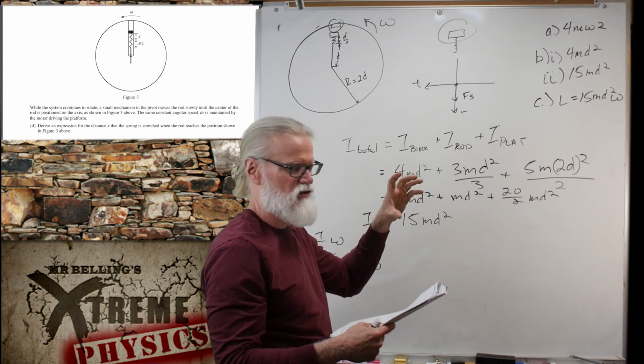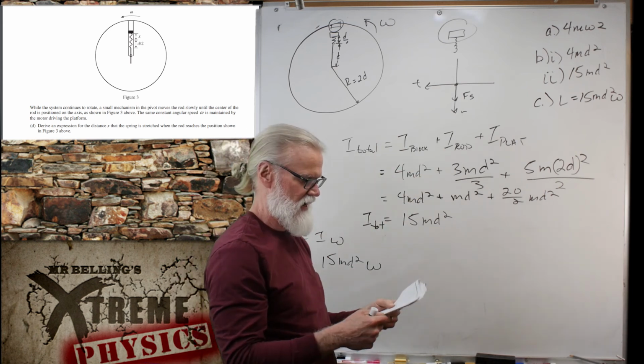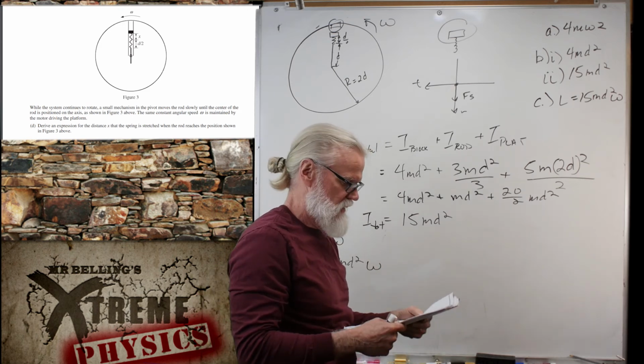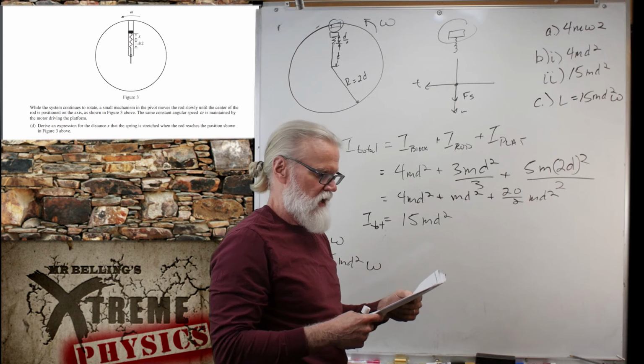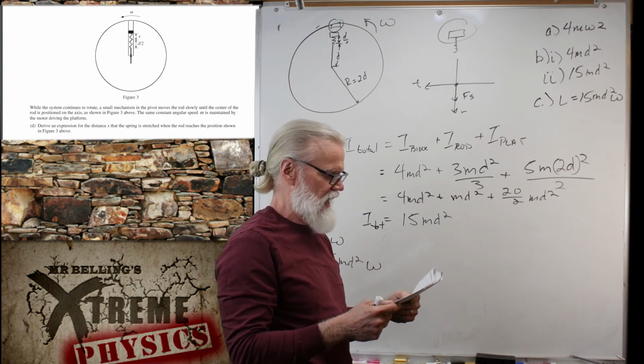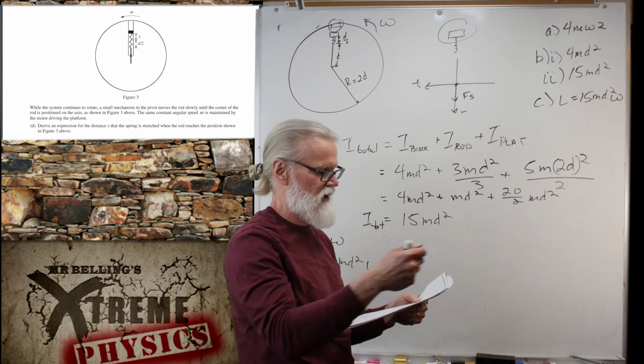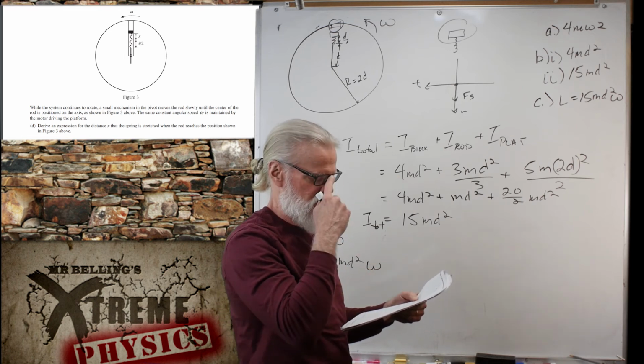All its stretch is due to the rotation. It's not due to the fact that we pulled it real quick, until the center of the rod is positioned on the axis as shown in figure 3. So it's rotating around, we slowly pull it in.